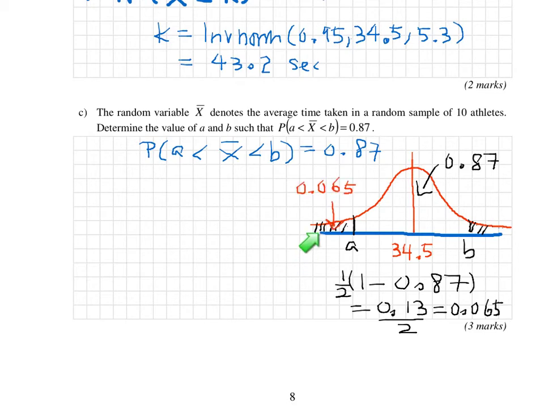So the area from A to the left is 0.065, and this area is also 0.065.